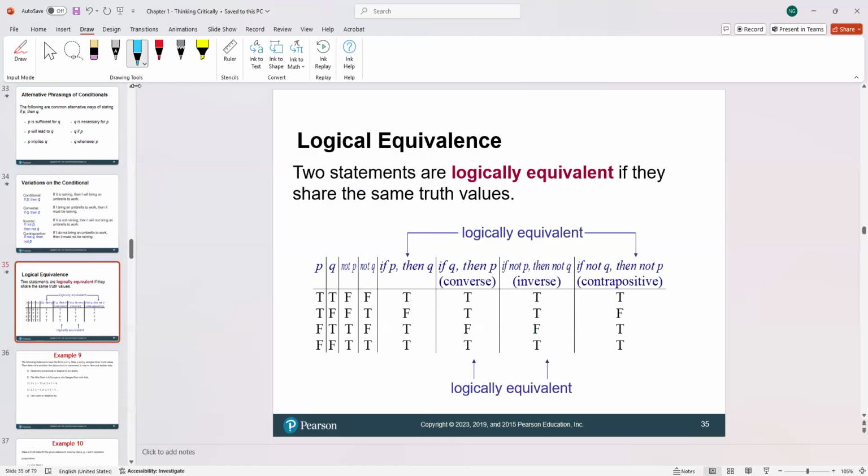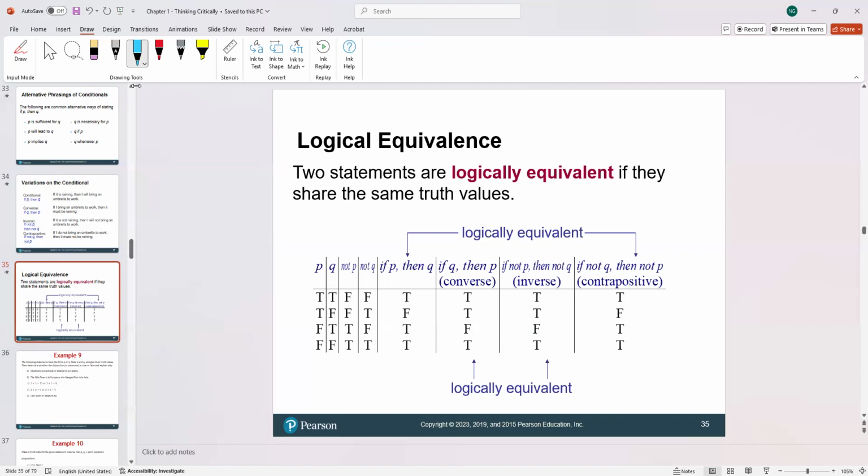If one is true, so is the other. And if one is false, so is the other. For example, a conditional proposition and its contrapositive are logically equivalent.